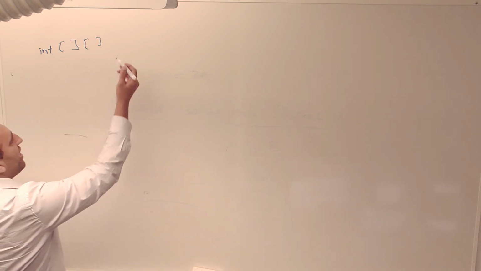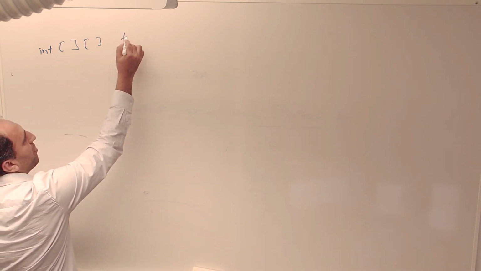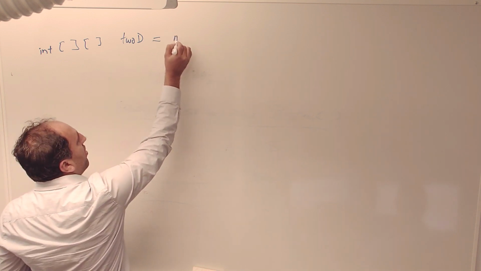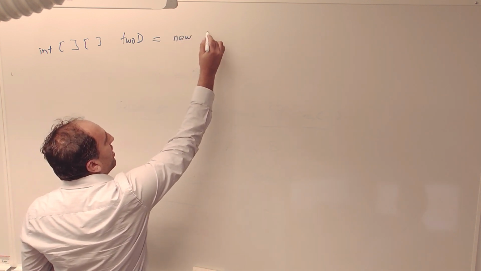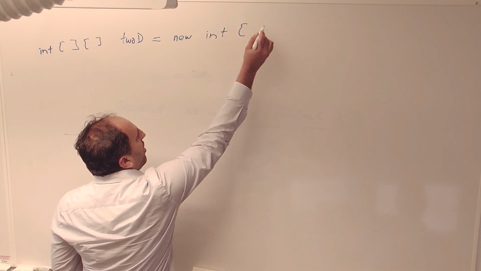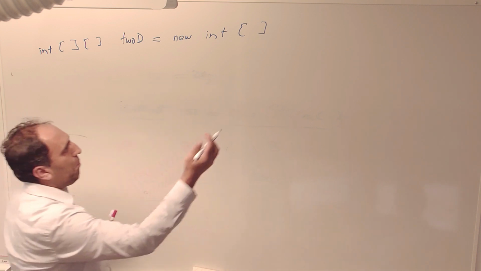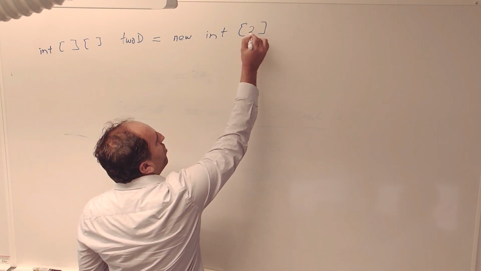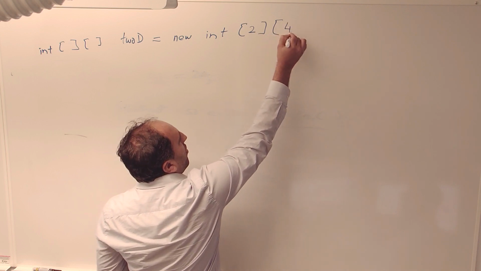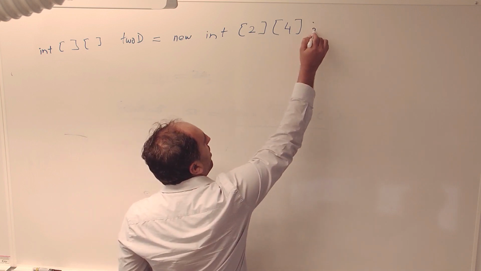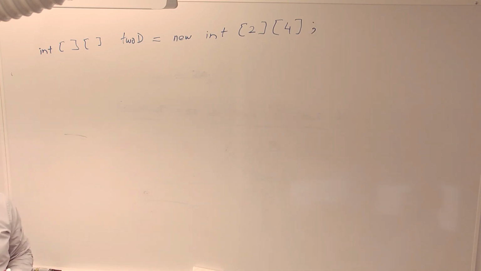And then you put the name of the array, for example, 2D, is equal to, similarly, as we said, new integer, and we can say the size. For example, I say 2 by 4, and then a semicolon as a statement terminator at the end.